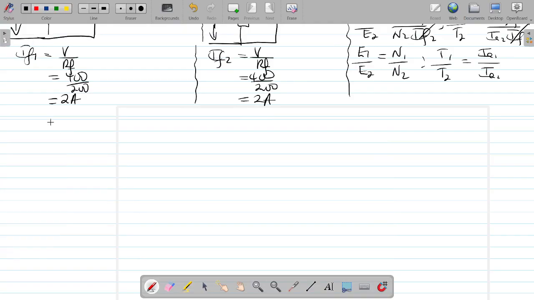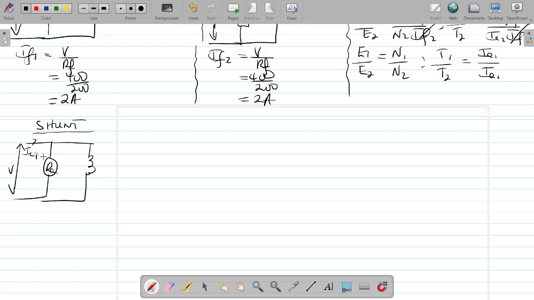So here's the last scenario of a shunt. In this case, they have not added a resistance in series with the armature, but they've added the resistance in series with the field. So in this one here, IL1, IA1, IF1.